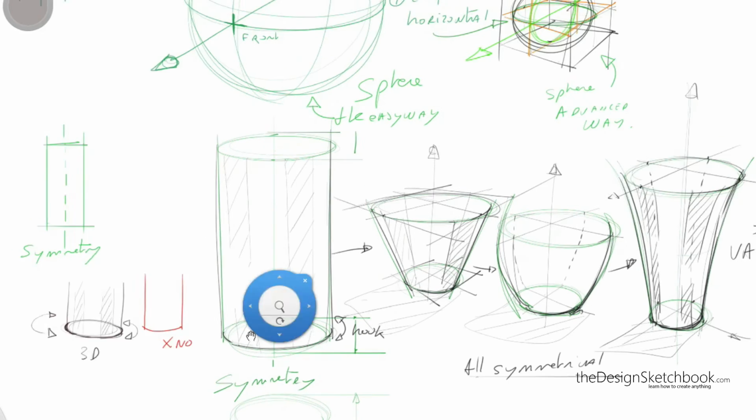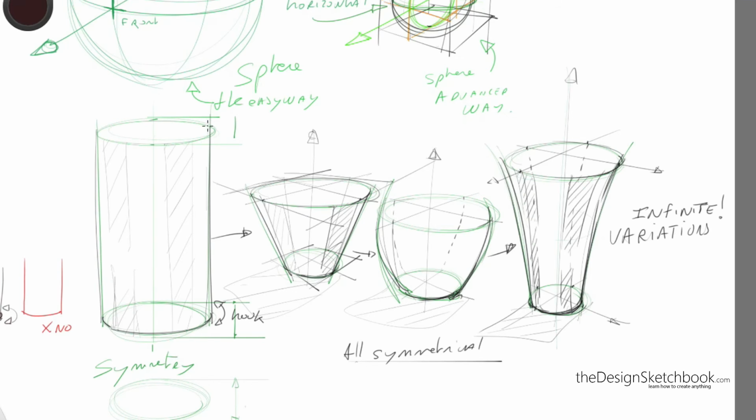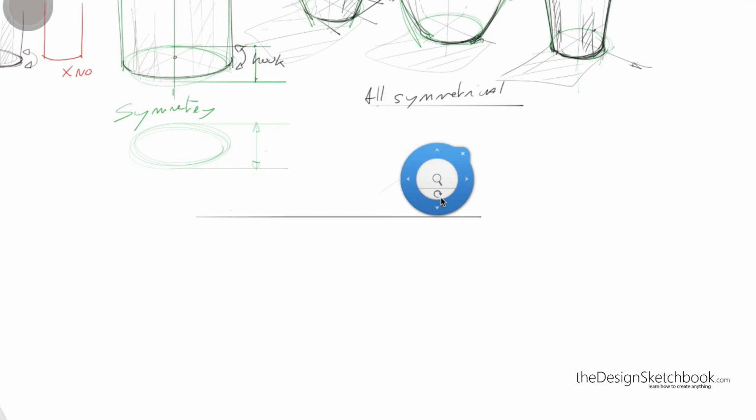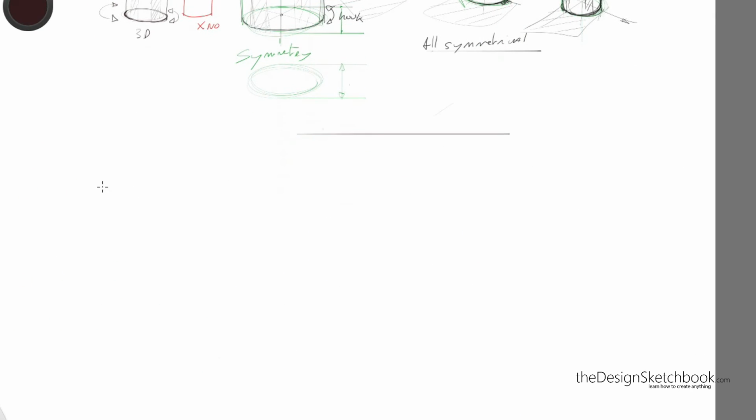It's a little trick that makes a lot of difference. So when you draw design sketching, you really have to understand all these logics of simple geometry. And if you love that, it's a lot of fun.